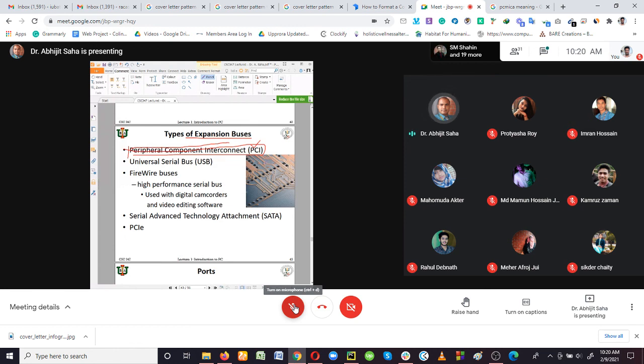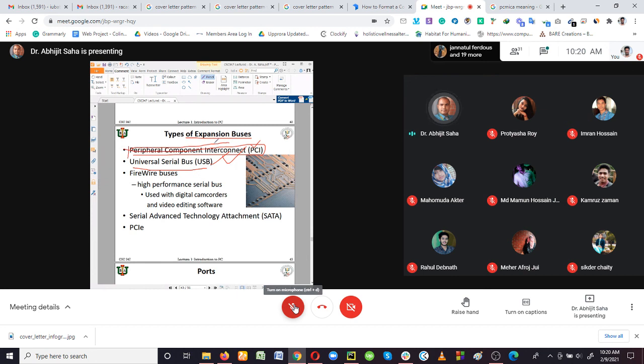And a common one is the Universal Serial Bus, the USB. That is also an expansion bus, right? With USB you will be able to connect any device to the computer system. The keyboard and mouse, the different devices you are using, can connect directly to the USB connectors.